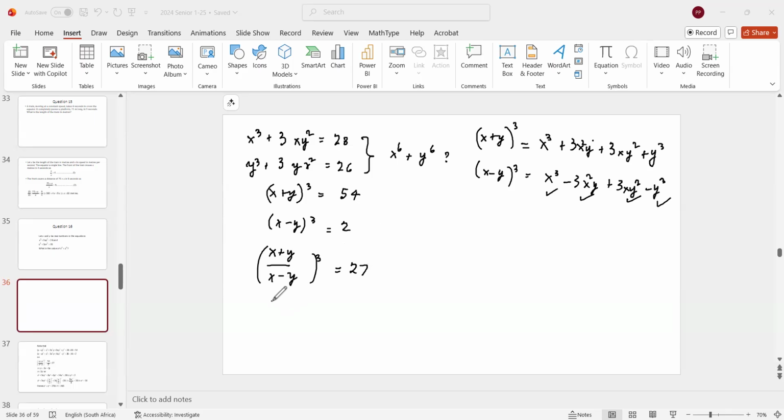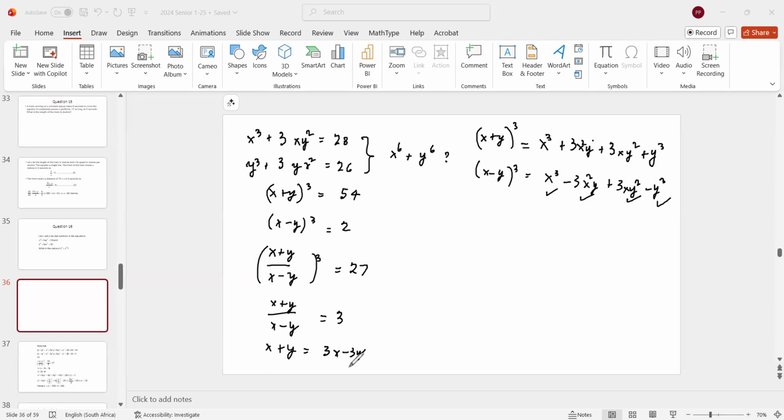So the cube of this expression here is 27. So this must be 3.